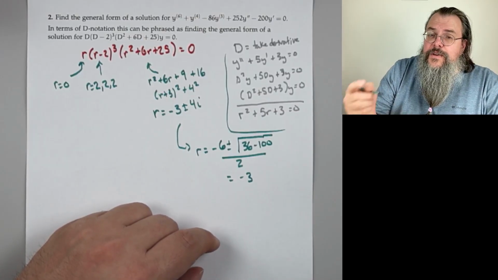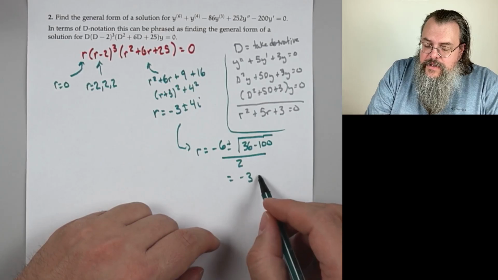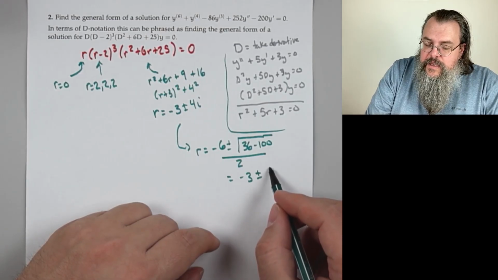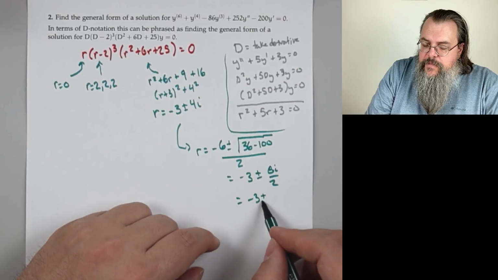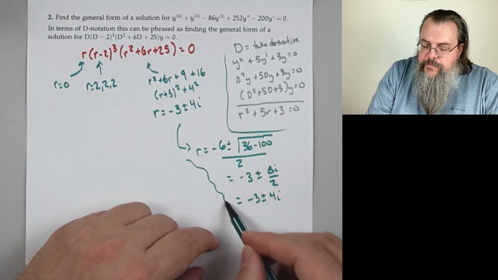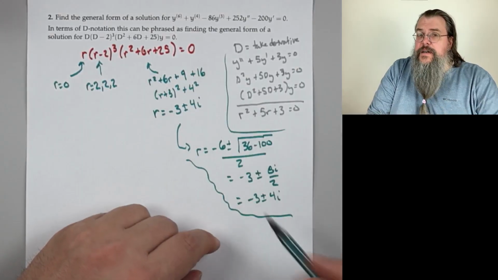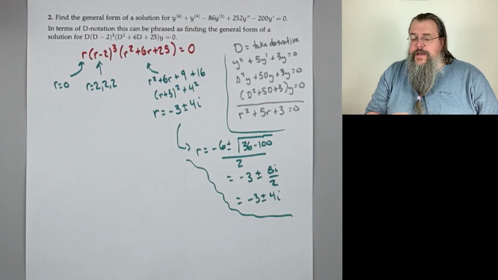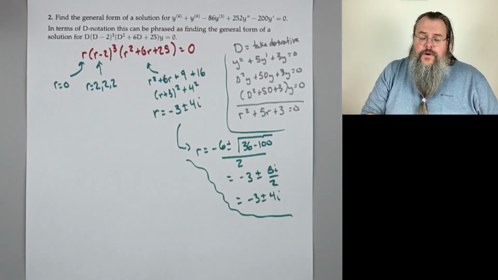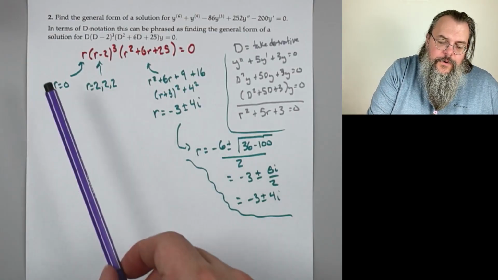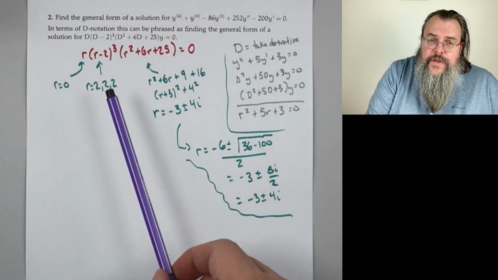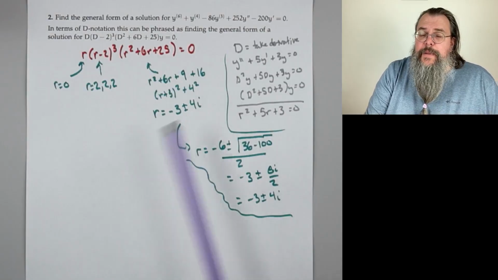Square root of 64 is 8. So what we have here is plus or minus 8i over 2, which is negative 3 plus minus 4i. All right. So quadratic formula, or know how to use completing the square, either way, we get the roots. So in summary, so far, we have one root of 0, 3 roots of 2, and a pair of complex roots.